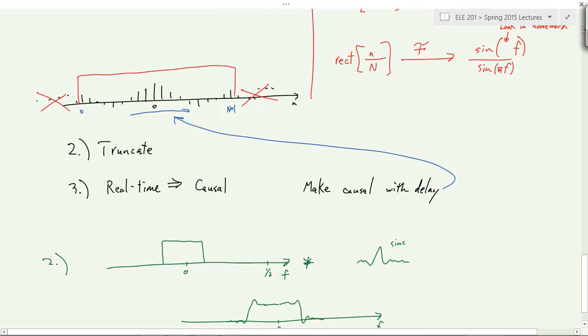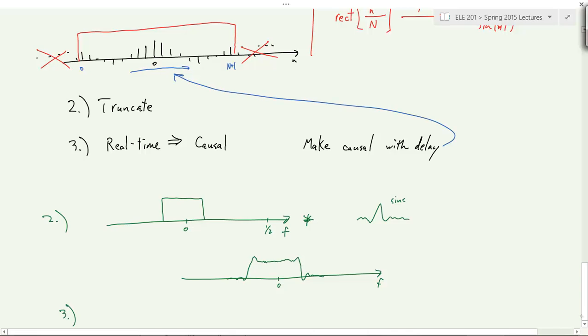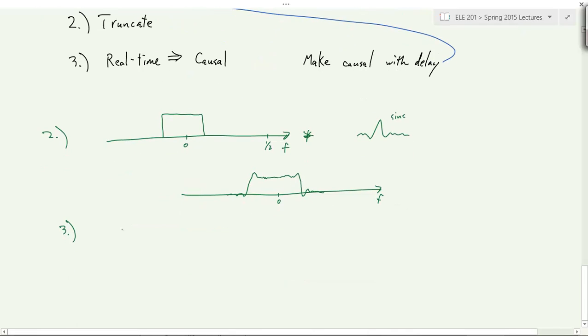It's 0. Okay? That when you do this truncation, if it's symmetric, you still have a 0 phase object. Okay? So what that means is this adds a linear phase. So a time delay adds just a linear phase to our filter. Okay, it's no longer a 0 phase filter.